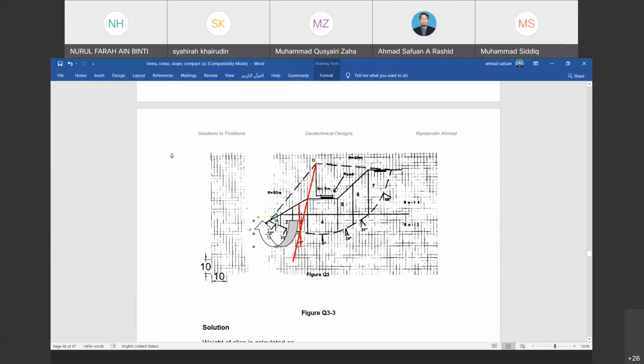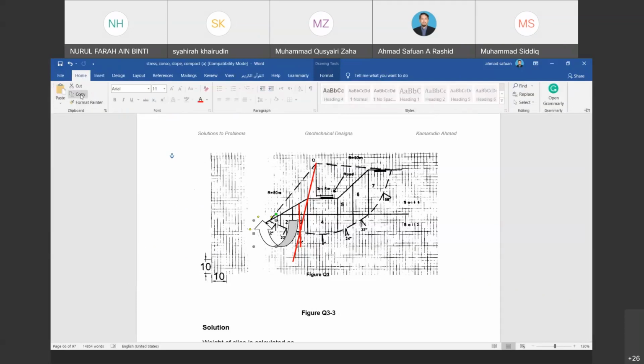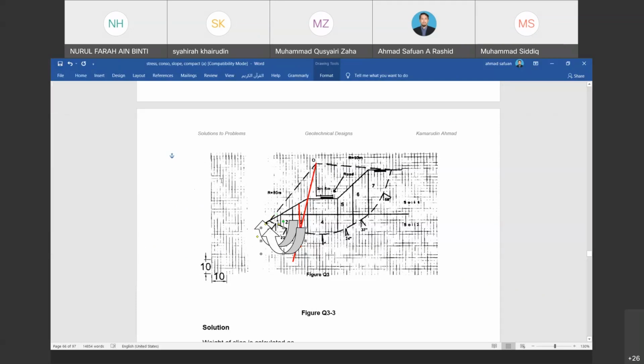For this one, because the movement is towards the anti-clockwise, we consider this as negative.